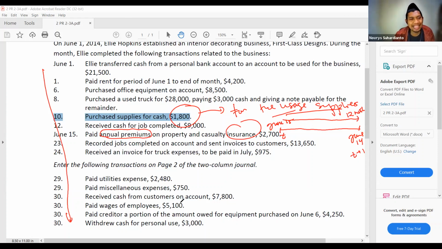However, at the end of June, some of the protection period expired. Some of the protection period expired, 15 days at least. So from June 15 to June 30, the protection period expired. Right? The protection period expired here.